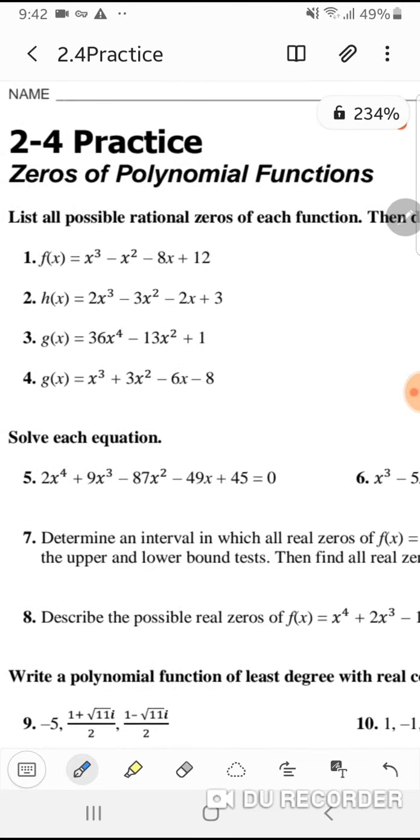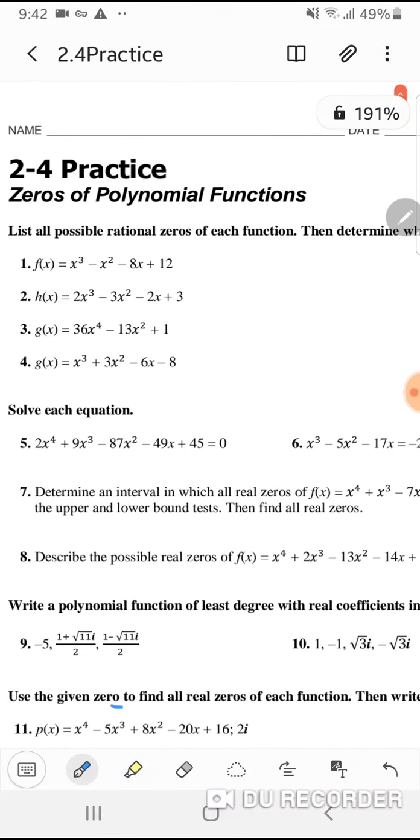So when we don't know what numbers can factor, we can actually just put random numbers and use synthetic division.